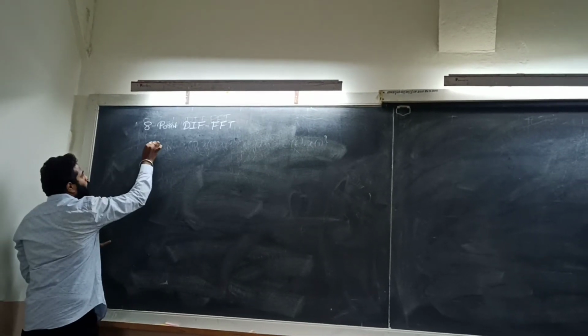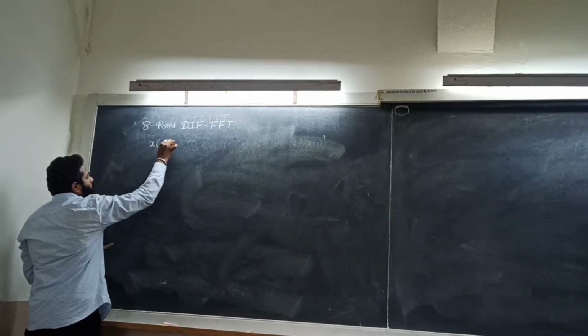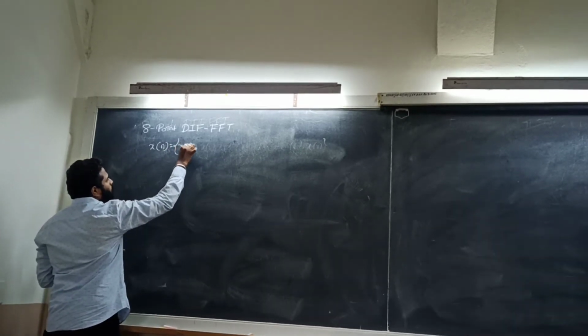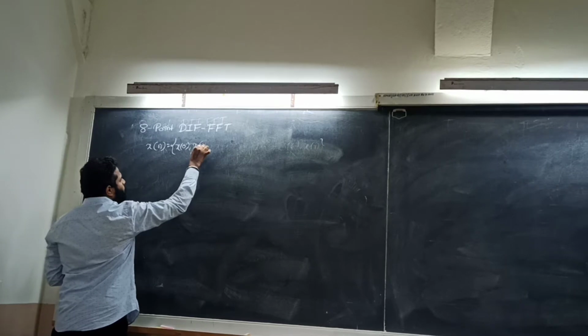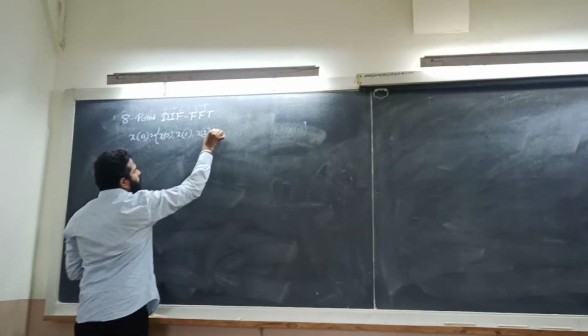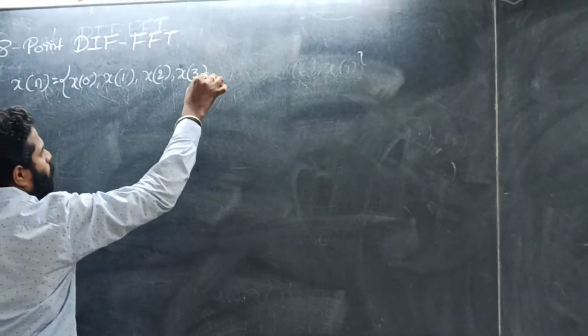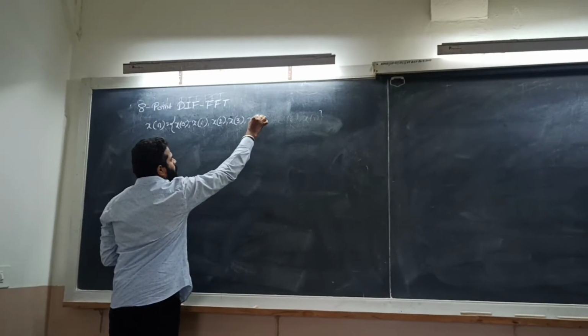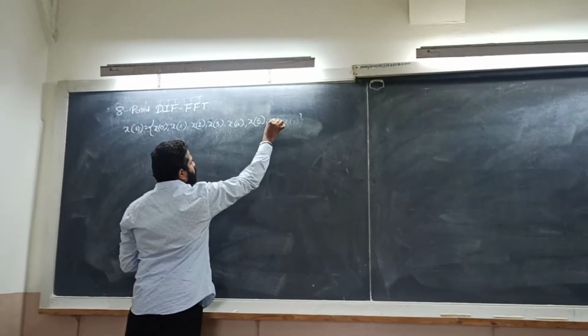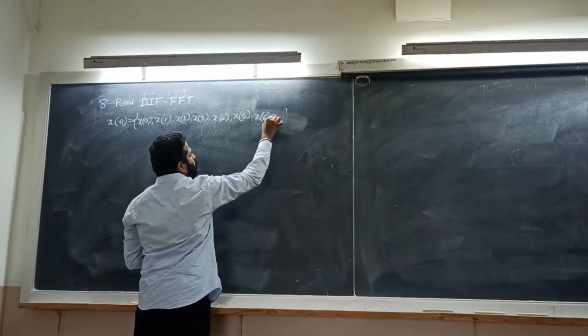That is x of n is equal to x of 0, x of 1, x of 2, x of 3, x of 4, x of 5, x of 6 and x of 7.